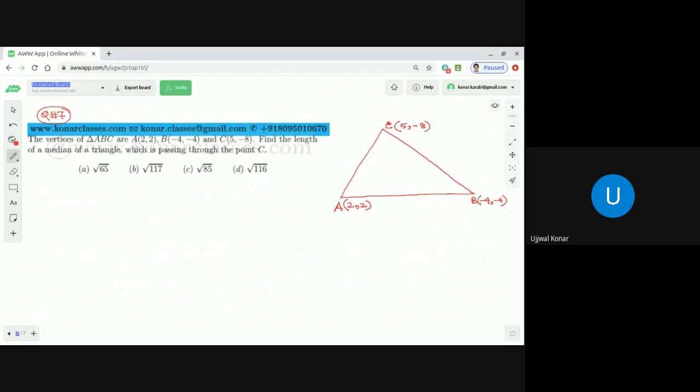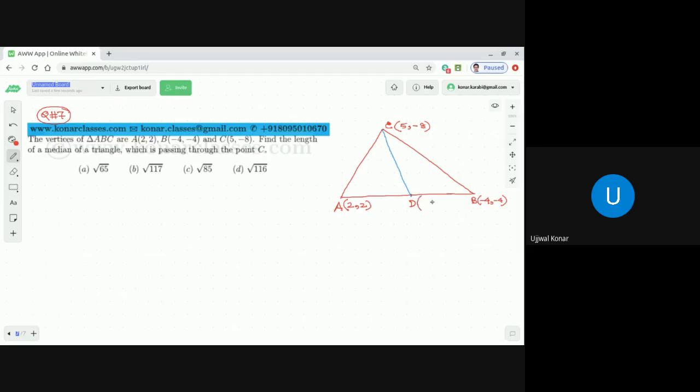Find the length of the median of the triangle which is passing through the point C. That means from C, if I draw the median, let me draw it in blue color. If the median is passing through the point D on the opposite side AB, then D must be the midpoint of AB. As we know the coordinates of A and B as 2, 2 and -4, -4, we can easily find the coordinates of the point D.